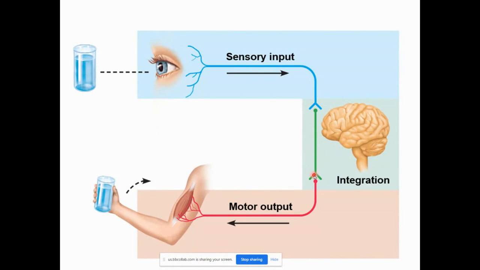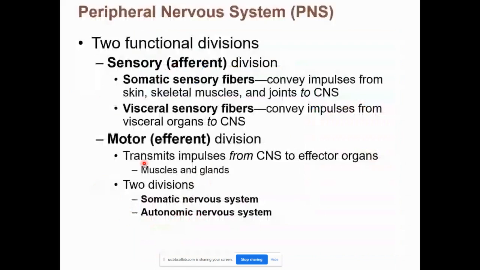If it decides to act, it will synapse with a motor or efferent neuron, which goes to an effector, which is a muscle or gland. In this case, it's a muscle because obviously the interneuron decided it wanted that glass of water, so it synapsed with the motor neuron, which will go to a specific muscle. It would be a group of muscles, of course, but this is just a simplified illustration. Okay, thank you.